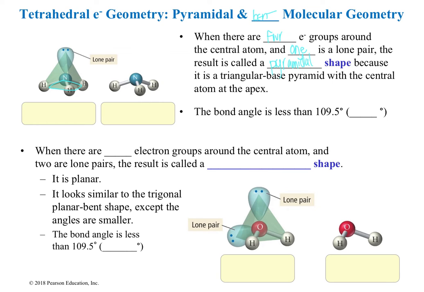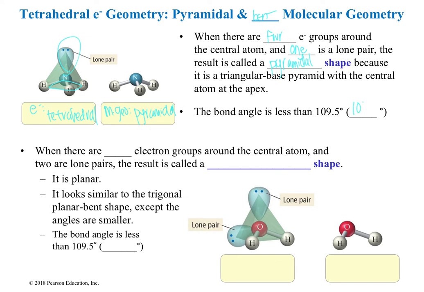So the electron geometry here is tetrahedral, but the molecular geometry is called pyramidal. And the bond angles then, since this lone pair takes up more space than if it was a bond, is a little less than 109.5.